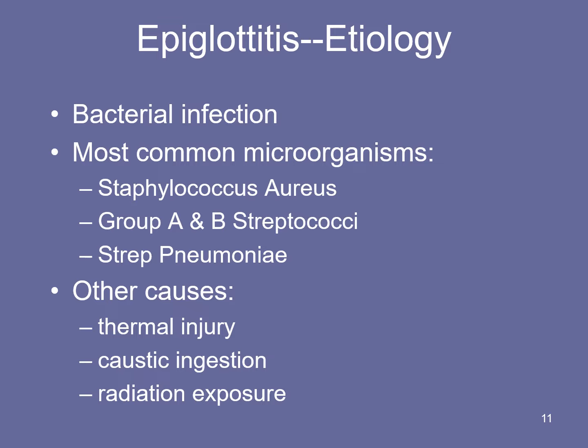Some of the more common implicated microorganisms include Staph aureus, group A and B streptococci, strep pneumoniae, and other causes: thermal injury, caustic ingestion, radiation exposure, whether it's intended or incidental, exposure through some sort of industrial accident, which would be the unintended, or if it's some sort of a treatment for head and neck cancer, it may have been an intentional exposure.